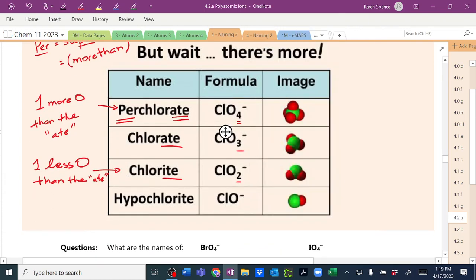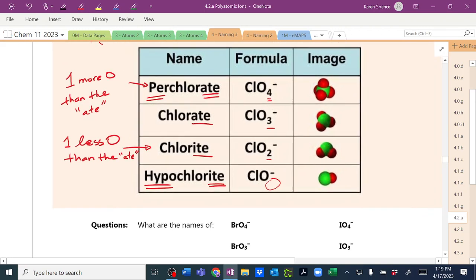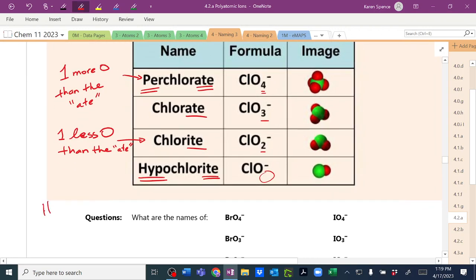And then we have nothing down here, so that's just Cl with one O, and that is hypochlorite. Now, what does it mean if you're hypothermic? You have hypothermia. Your temperature is too, you guys don't know what hypothermia is? You're too cold.